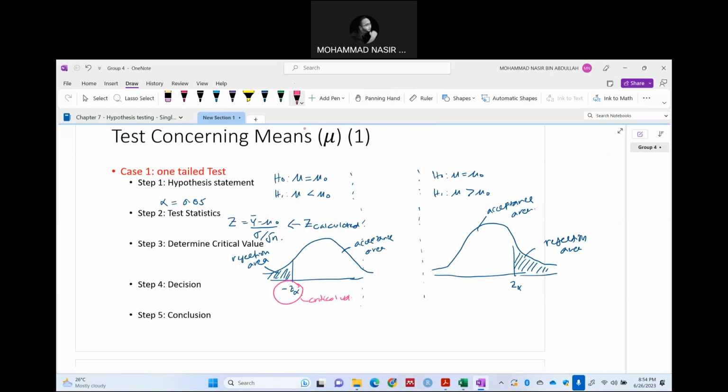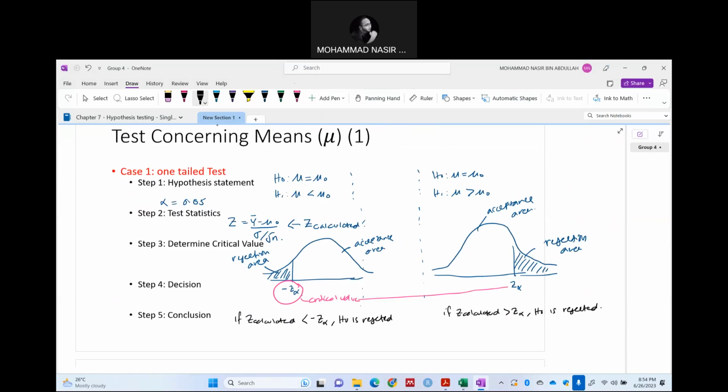We make a decision: if Z calculated is less than negative Z alpha, the null hypothesis is rejected. For the other one, if Z calculated is more than Z alpha, the null hypothesis is rejected.